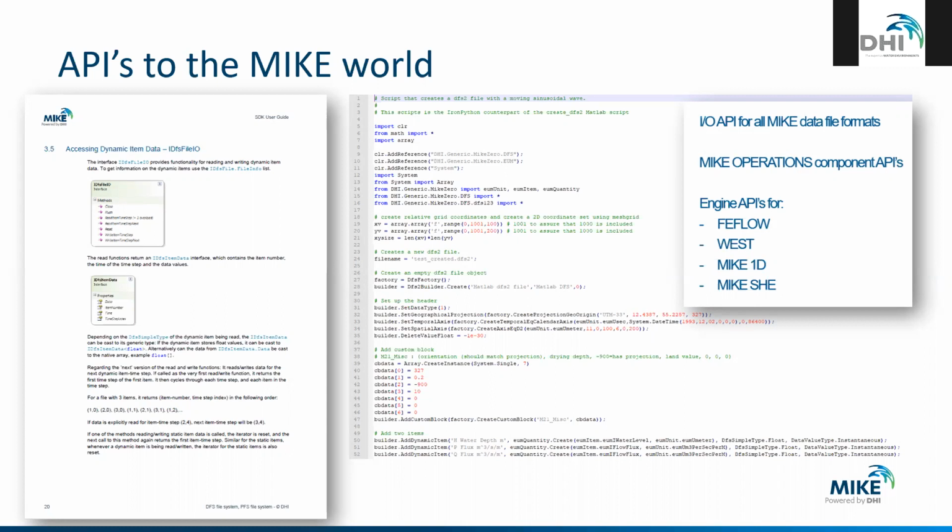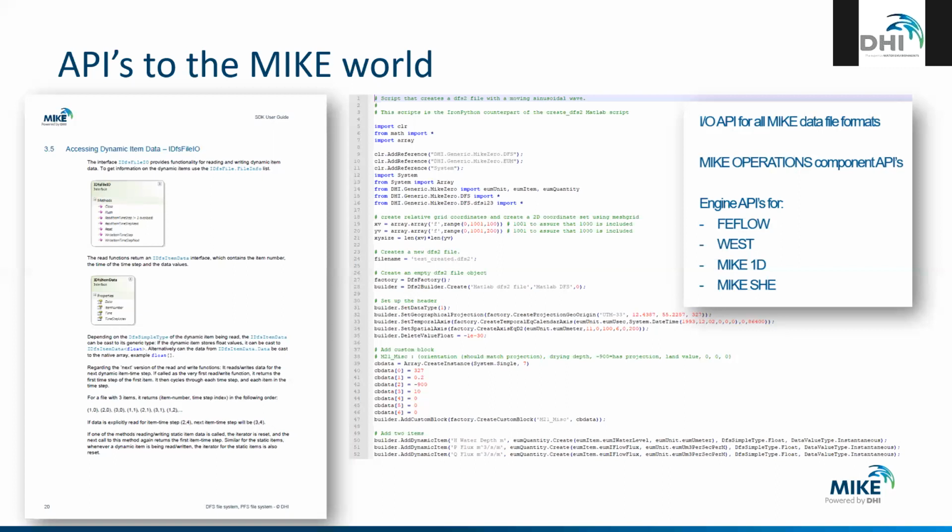So if you have a particular workflow or process that you use to create model input data, then you can actually automate the building or population of Mike input files within your Python scripting or your coding. It's huge in terms of giving you flexibility to set up your Mike models and to work with the results.